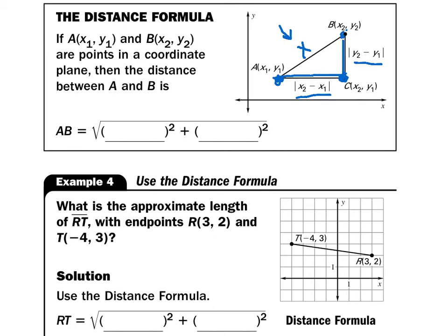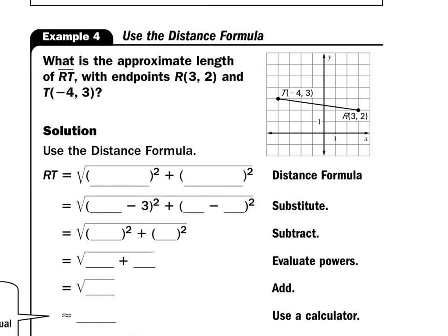So let's look over here at example 4. Let's go ahead and draw the right triangle so we can visualize it. So, how long is this? Well, we could count if we needed to. 1, 2, 3, 4, 5, 6, 7.